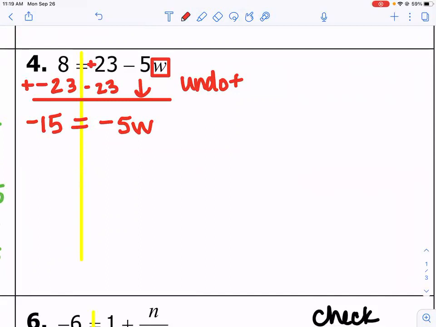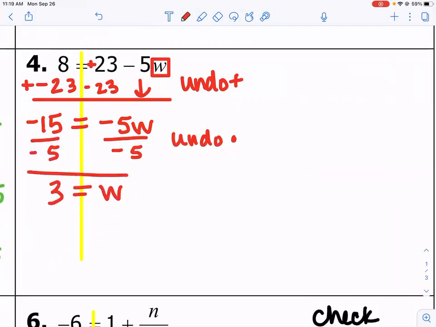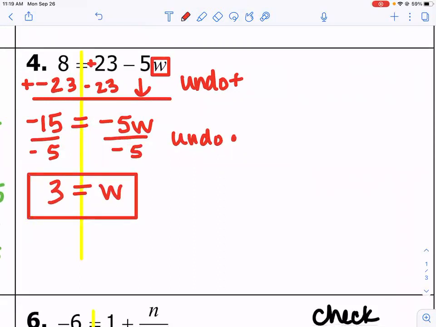Okay, now we're at a point where the next step isn't so scary. We need to undo our multiplication by dividing by negative 5. So positive 3 equals W. It is a positive. If you put W equals 3, it means the same thing.